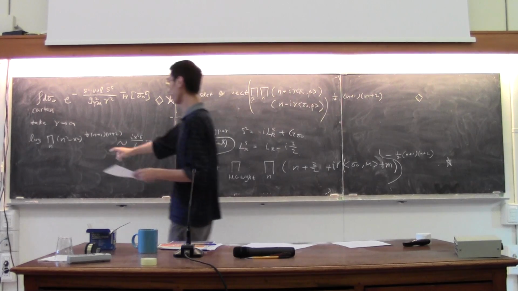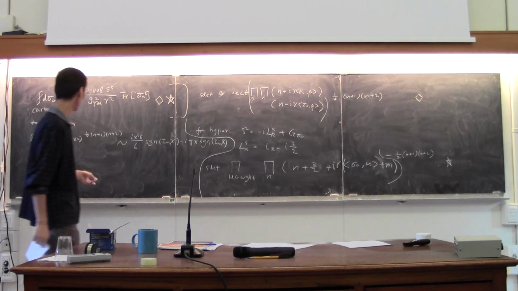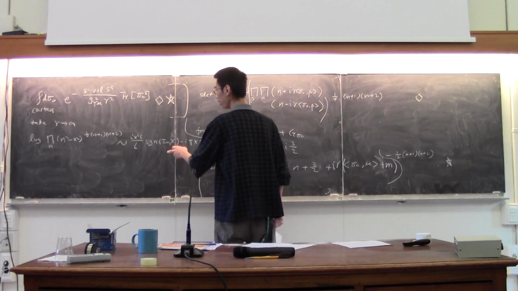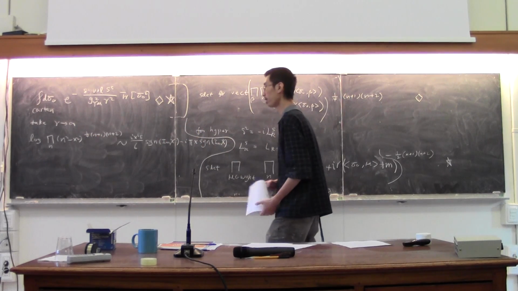So this is relevant for the vector multiplet. You see that depending on the sign of the imaginary part of x, you get different asymptotic behavior.